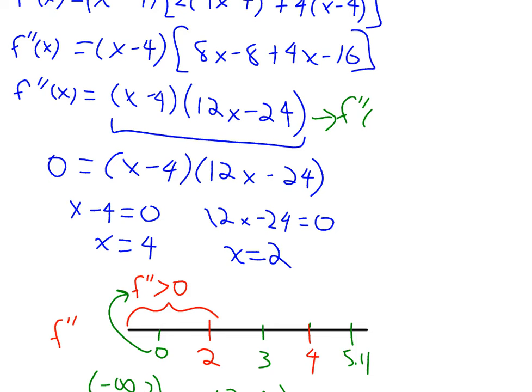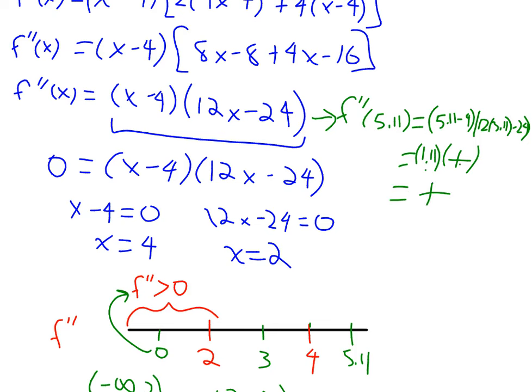Plugging that in, the second derivative of 5.11 would equal 5.11 minus 4 times 12 times 5.11 minus 24. That would equal 1.11 times, well, that's 37. I know that's going to be a positive number, and a positive 1.11 times a positive is a positive.